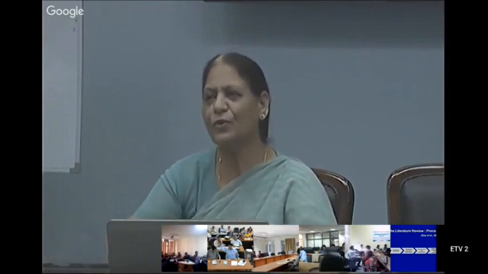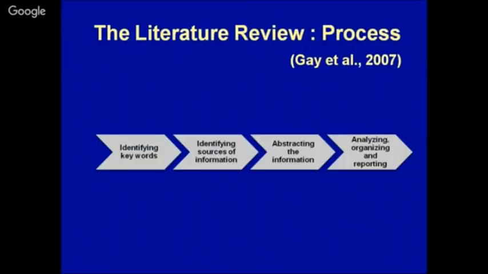Now let's go to how the existing process of review of related literature is carried out, what are some of the drawbacks that exist, and some of the guidelines which should be taken into consideration while reporting the review of related literature.